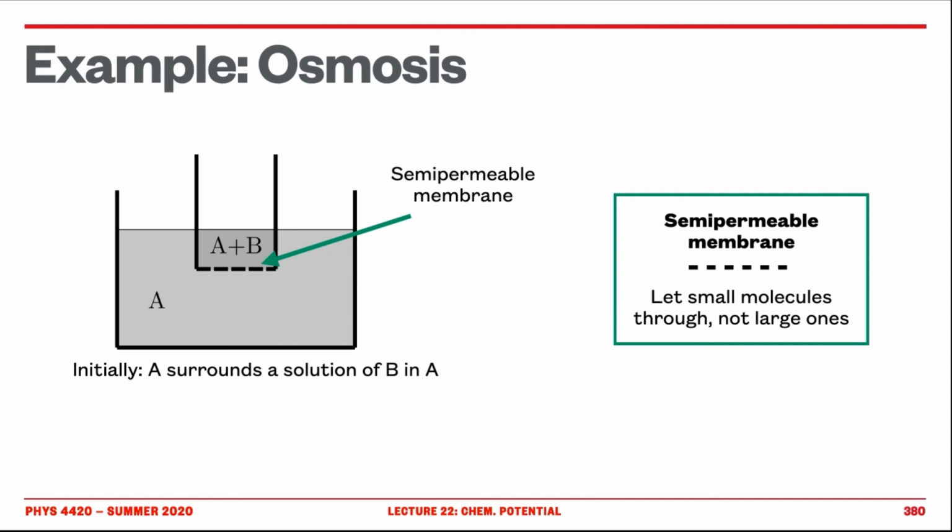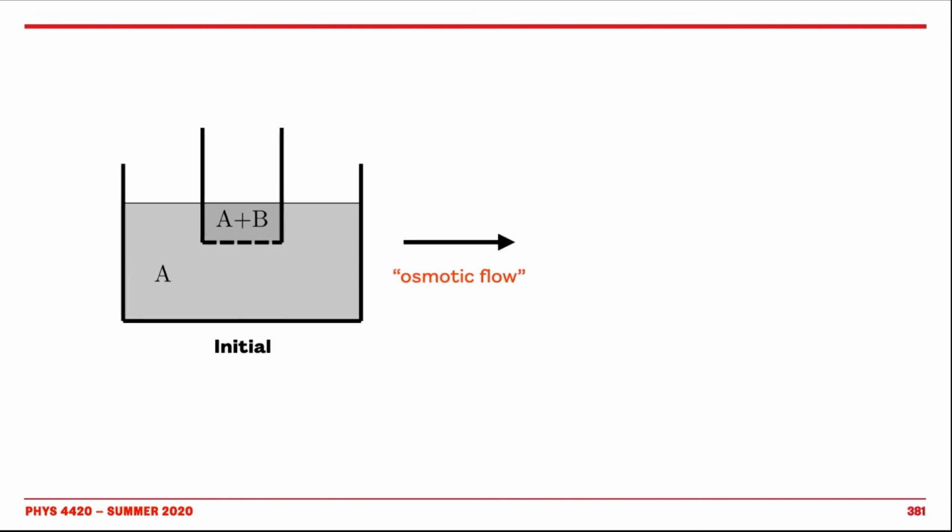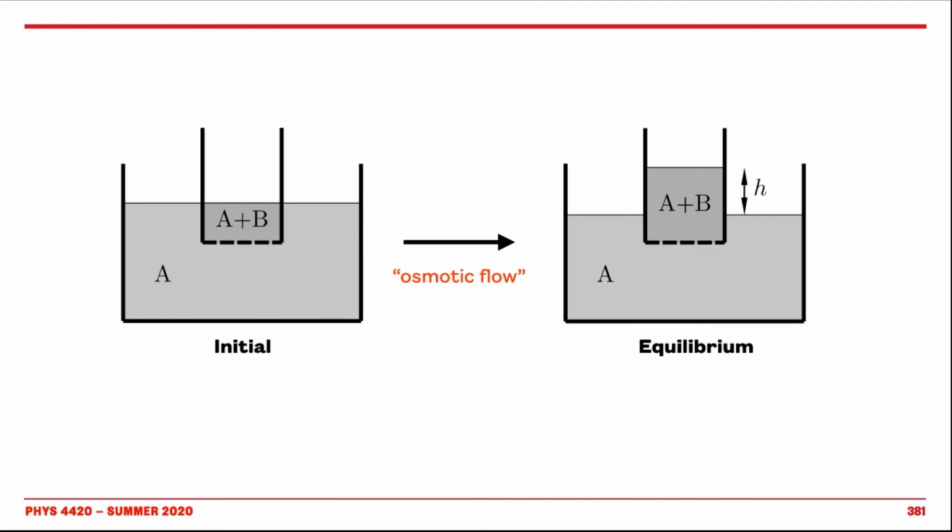So the only possibility is for molecule A to go through the semi-permeable membrane, and this is due to an entropic force. And in fact, what you find is that indeed some molecules A go through the semi-permeable membrane, and there is an increase in the height of the liquid at equilibrium.